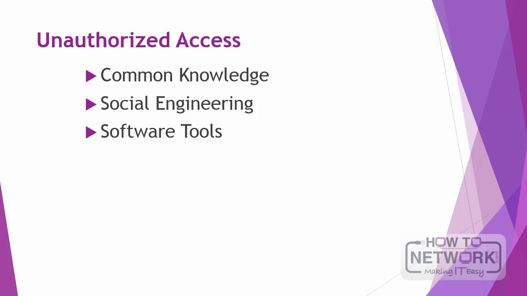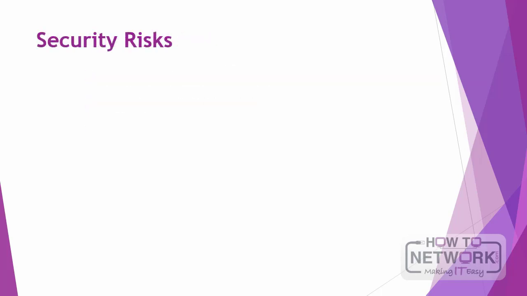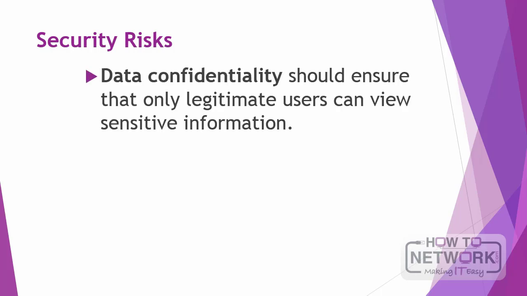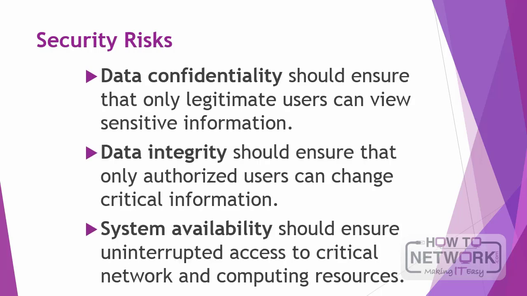Next, let's talk about security risks. To protect network resources, processes, and procedures, technology needs to address several security risks. Important network characteristics that can be at risk from security threats include data confidentiality, data integrity, and system availability. Let's talk about that now. Data confidentiality should ensure that only legitimate users can view sensitive information.